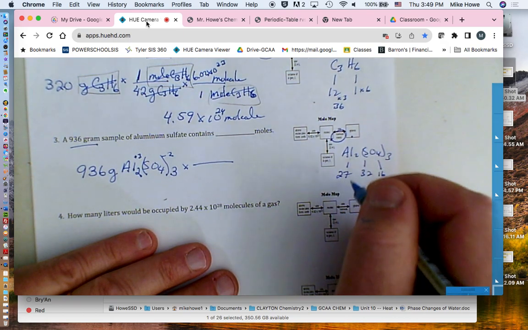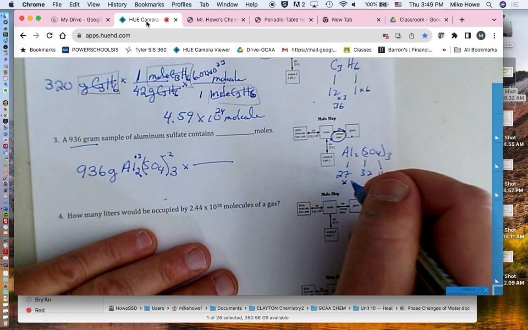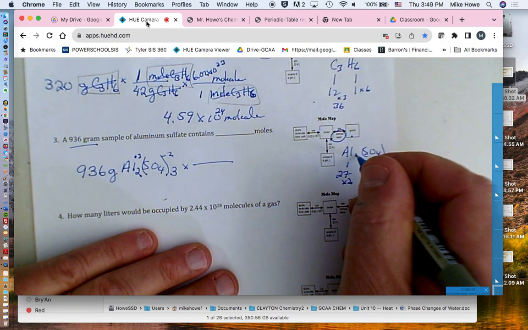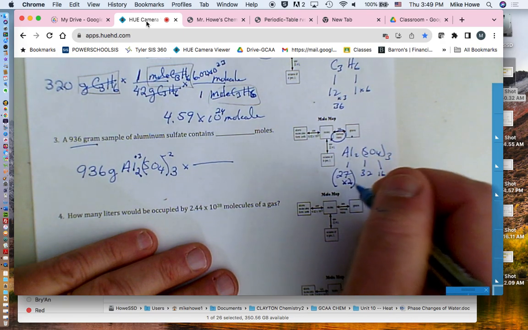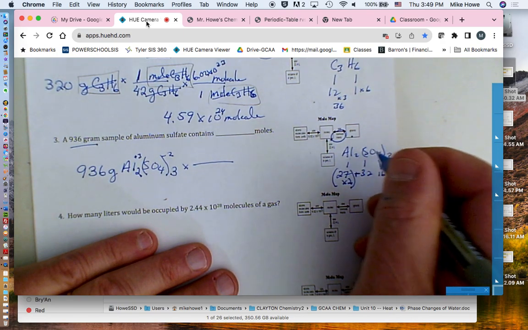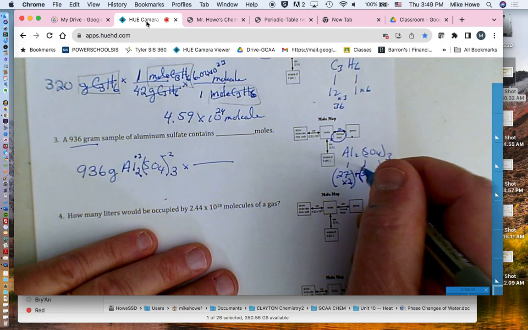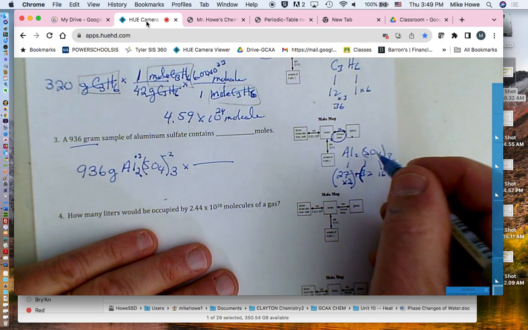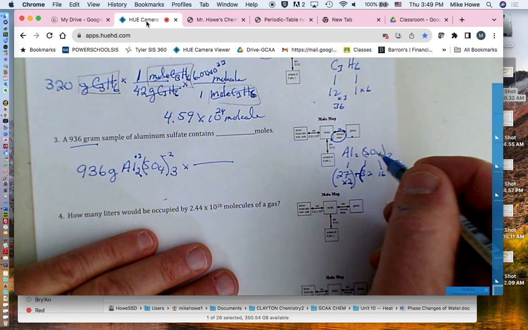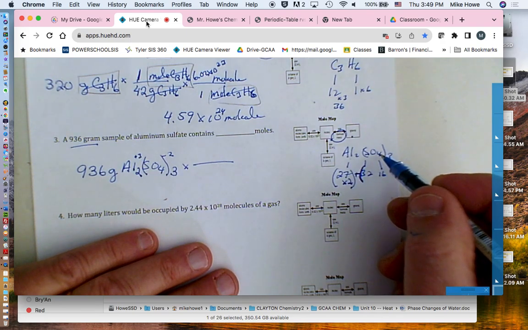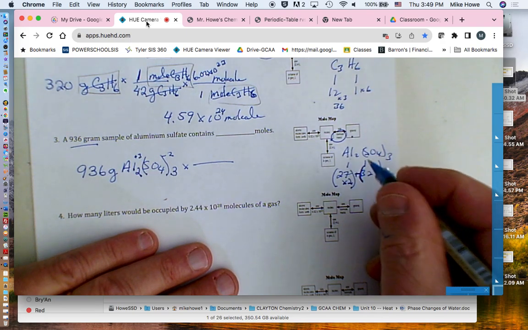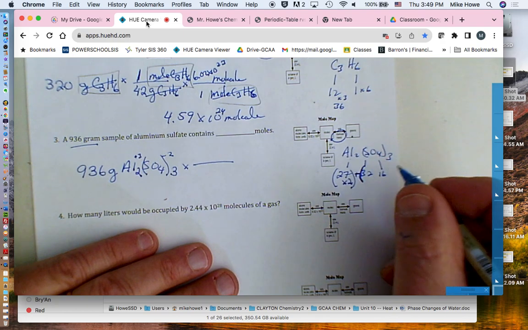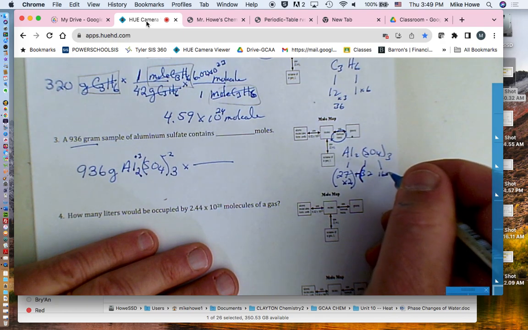All right, so now this is going to need to be multiplied by 2 because there are 2 atoms of aluminum. We have to add this in. I'm going to put this in parentheses because the sulfur and the oxygen are in the parentheses. And inside the parentheses there are 4 oxygens. So I only have 1 sulfur, but 4 oxygens. So that has to be multiplied by 4.